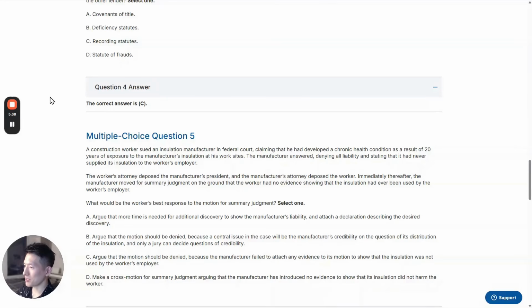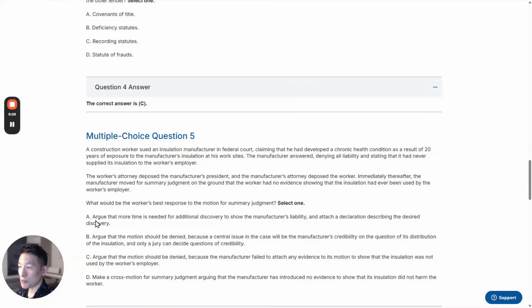The worker's attorney deposed the manufacturer's president, and the manufacturer's attorney deposed the worker. Immediately after that, the manufacturer moved for summary judgment on the ground that the worker had no evidence showing that the insulation had ever been used by the worker's employer. So now, what should the worker's response be to the motion for summary judgment? These answer choices are pretty long, so let's just go through them one at a time.